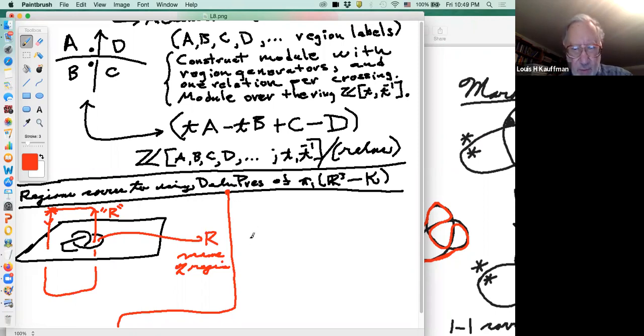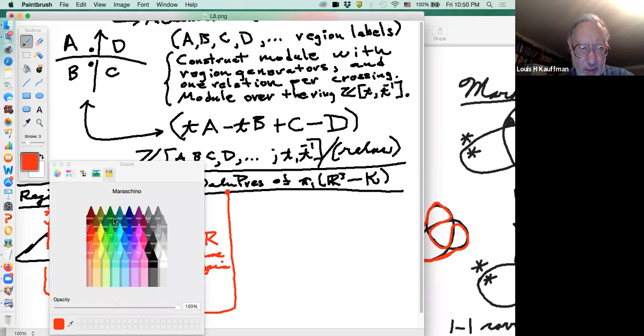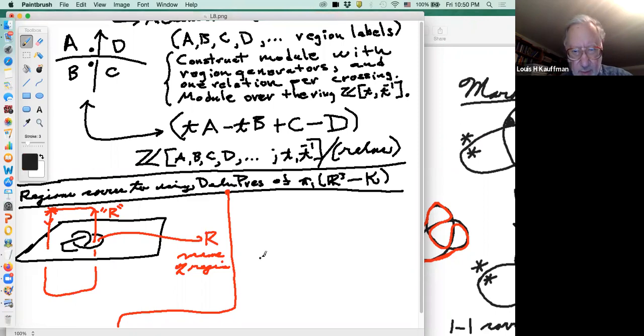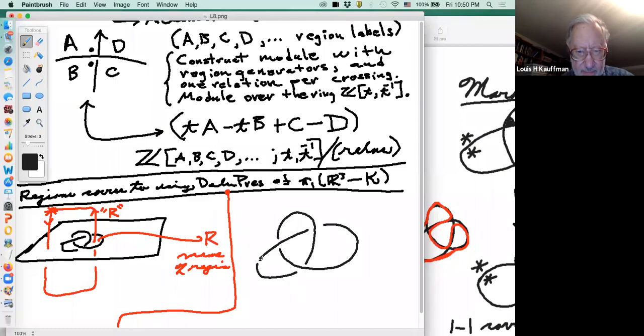So what will this look like if we were going to actually work with a given knot? I will transfer to another page in a moment, but let's just use this space. I might have a trefoil knot here. I might have regions A, B, C, D, E. And then I have a relation at each crossing.